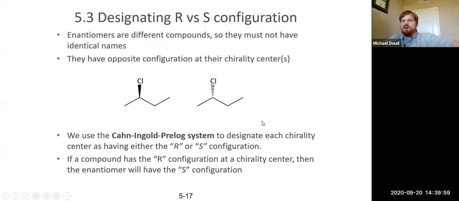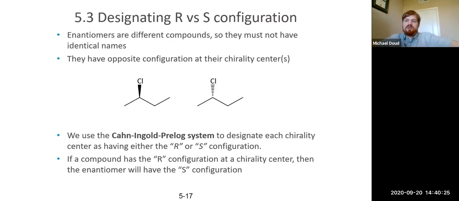Okay, so now we come to nomenclature. This is the key part of this chapter that we want to make sure we understand. So if we agree that these enantiomers or these different chiral centers are differently arranged in 3 dimensions and they have different reactivities, which they do, then they are not the same compound. You can't call them the same thing because otherwise you're going to get things mixed up.